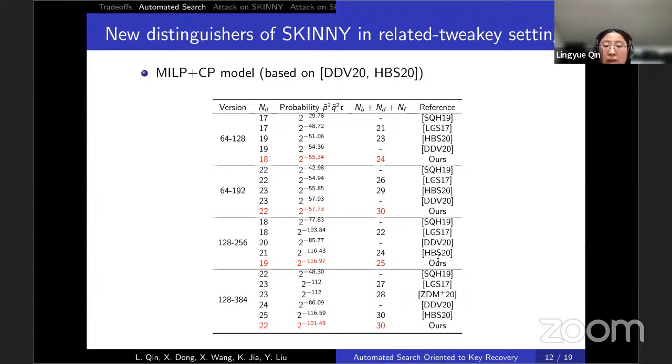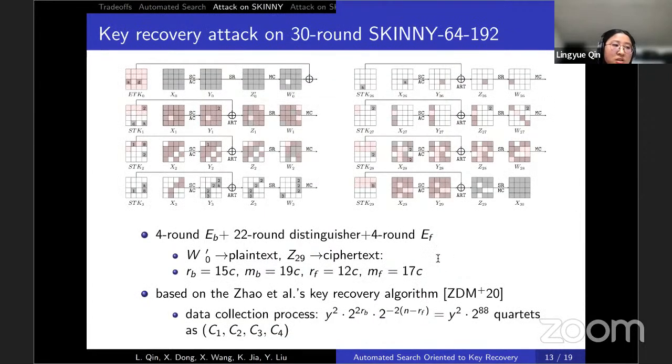In the table, we compare the related tweakey boomerang distinguishers for Skinny. Using the new distinguishers, we give improved key recovery attacks. For Skinny-128-192, we extend 4 rounds EB and 4 rounds EF. We attack up to 30 rounds. In data collection, we generate quartets satisfying the input-output differences.